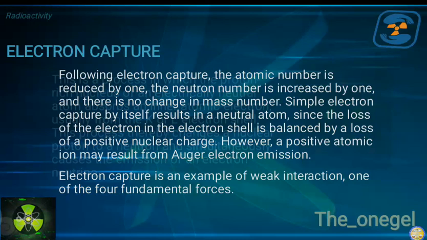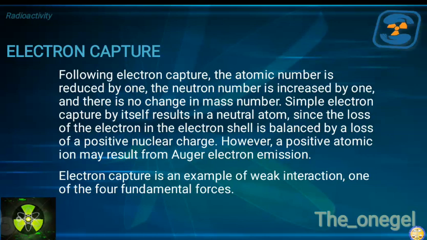So, what follows after electron capture is that the atomic number is reduced by 1. The neutron number is increased by 1, di ba? Sabi natin kanina, ang isang proton naging neutron. So, therefore, the atomic number is reduced by 1 because the neutron number is increased by 1 and there is no change in mass number.